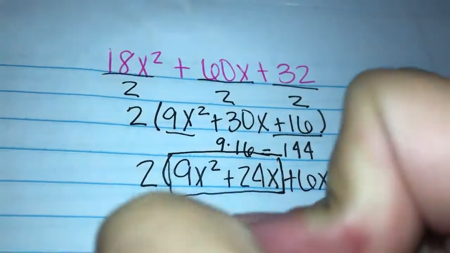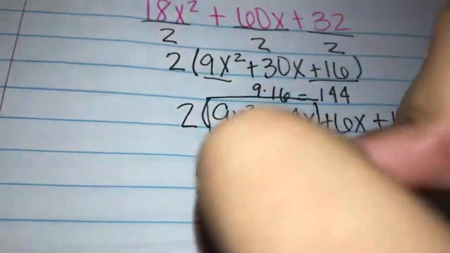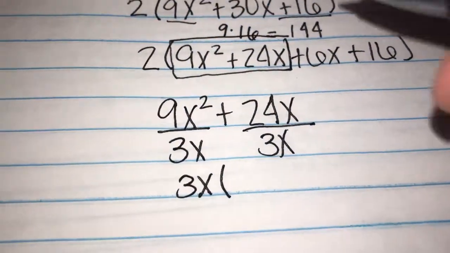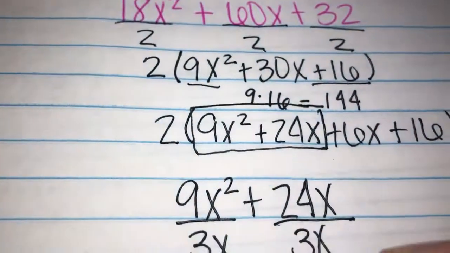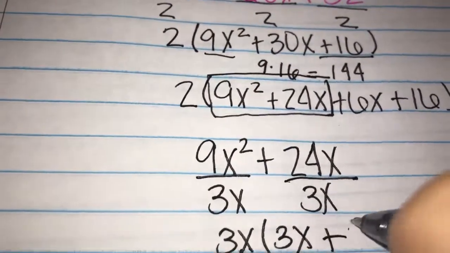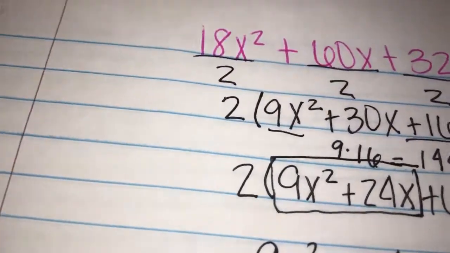Okay, so divided by 3x, divided by 3x. Okay, and we put the 3x on the outside of the parentheses to show what we divided by. 9x squared divided by 3x is 3x. And then 24 divided by 3 is 8, and the x's cancel out. Okay, so there's our first term.